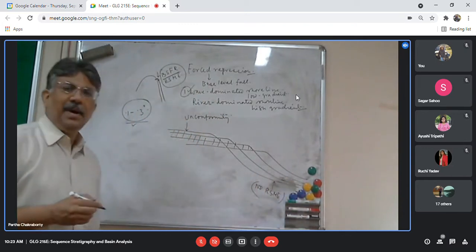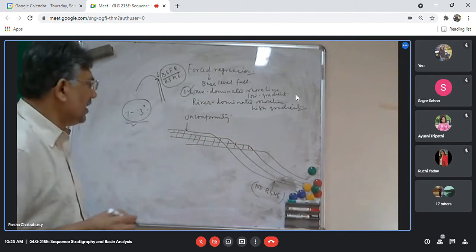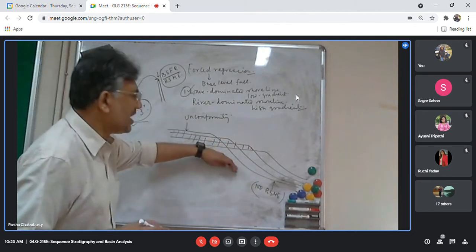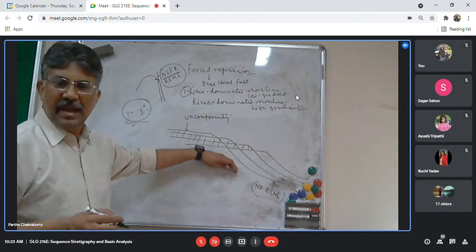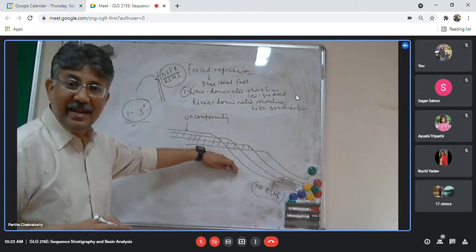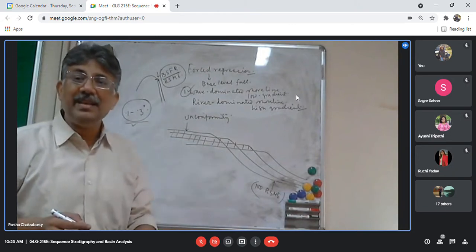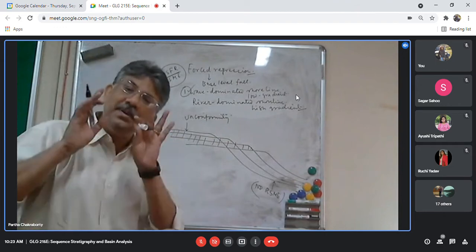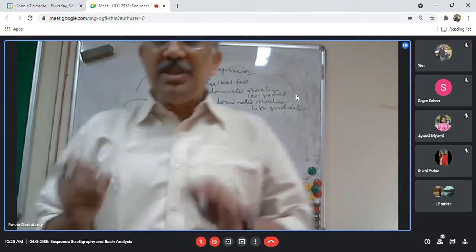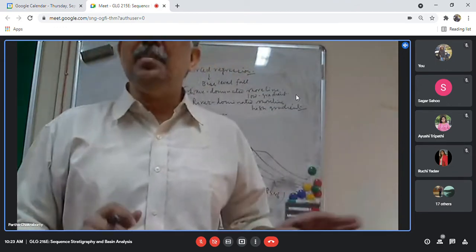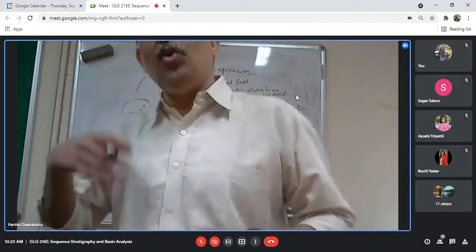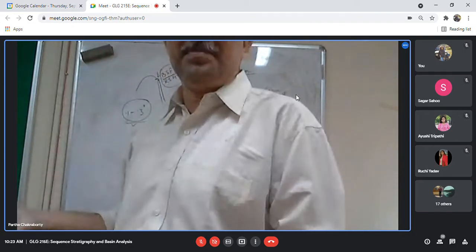In case of river dominated coastline, the entire thing is much higher gradient, and the sediment supply is high. So always the wave is subdued because it is river dominated. River is carrying more sediment and it is not allowing the wave to play its own role.